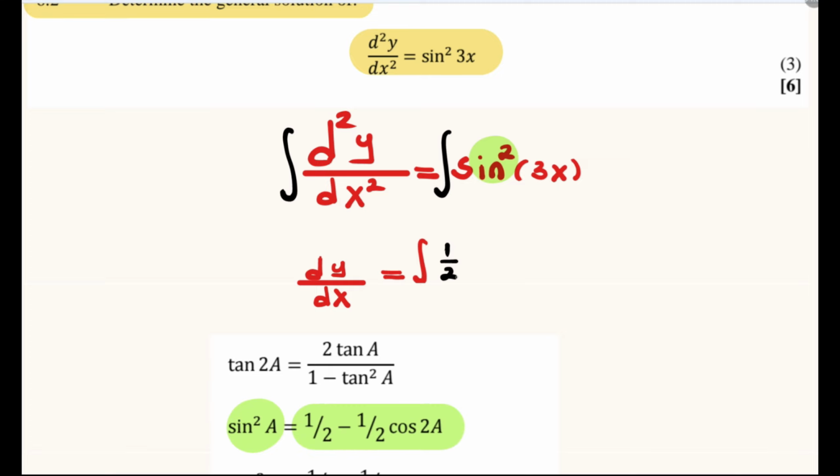So sine squared 3x will be equal to half minus half multiplied by the cos of 2a. So we have to multiply this 3x by 2, which will be 6x.